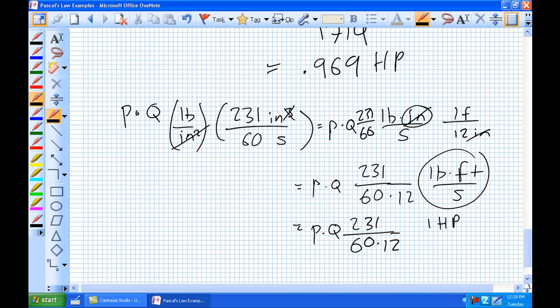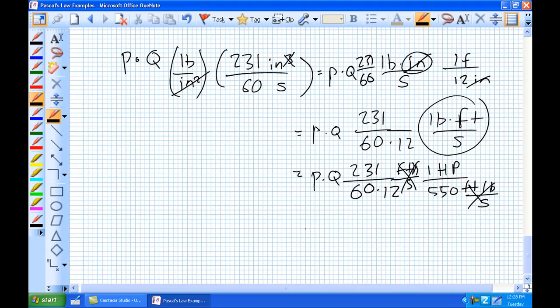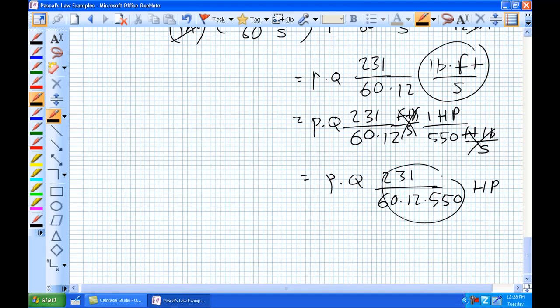What is 1 horsepower? 1 horsepower is equal to 550 foot-pounds per second. These cross out, cross out. P times Q, 231, over 60 times 12 times 550, gives horsepower.